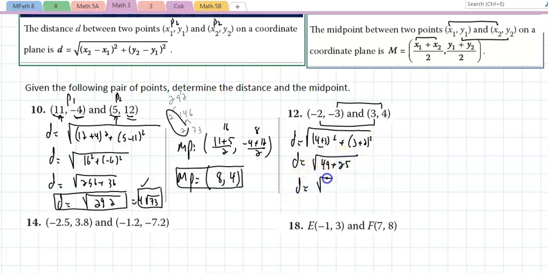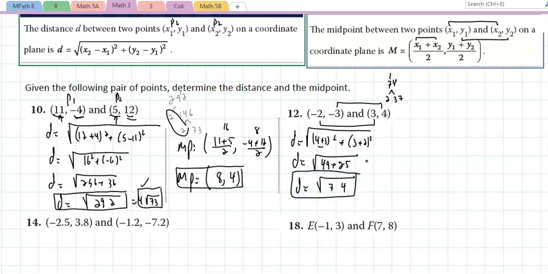The distance would be the square root of 74, if I'm not mistaken. I could take 74 and break that up. 74 is 2 times 37, so it doesn't reduce.